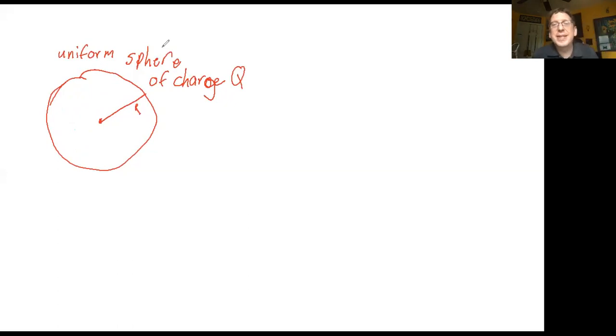So we'll start inside. Outside is easier, but it actually is the more important concept. So I want to build up to that. So you have a charge uniformly distributed within the sphere. And like I said, a conductor would not have that.